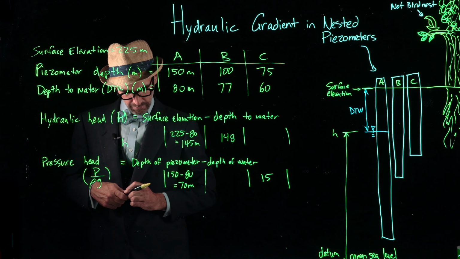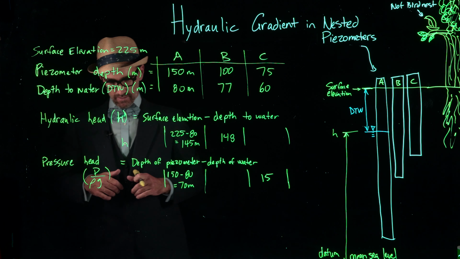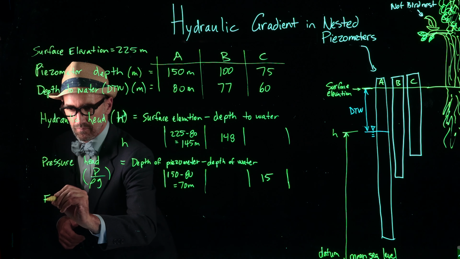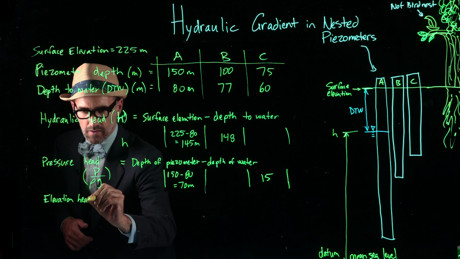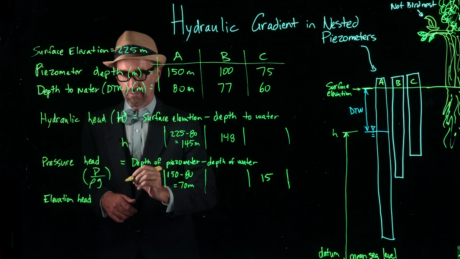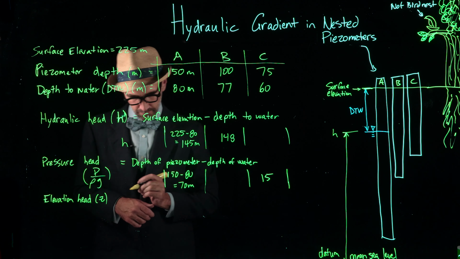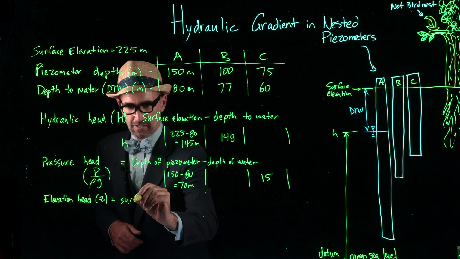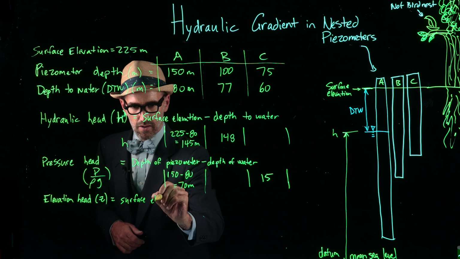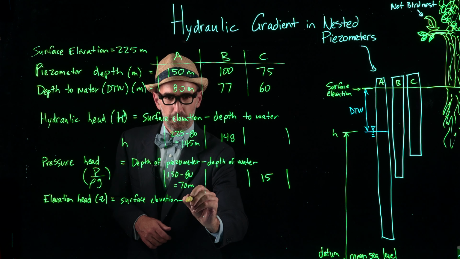The second component of hydraulic head is elevation head. The symbol for that most often is Z. And elevation head is the surface elevation minus the depth of the piezometer.